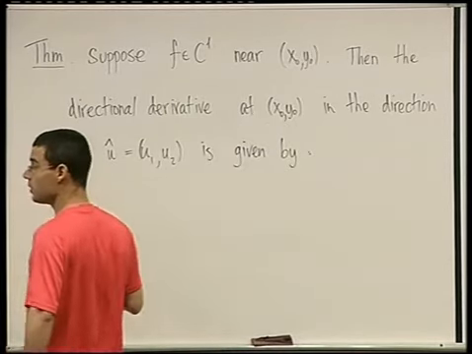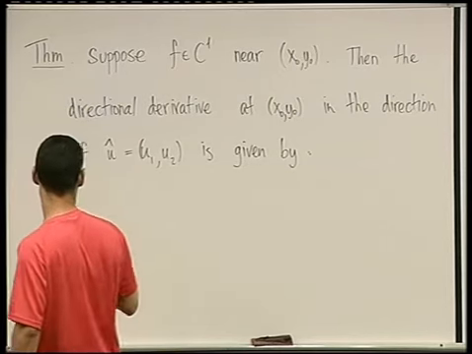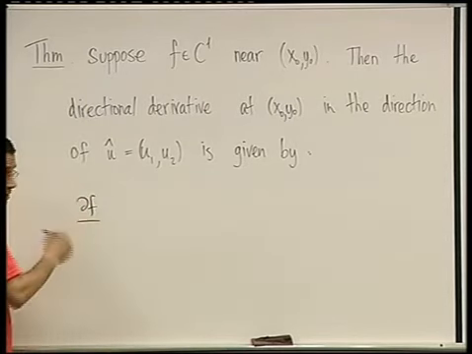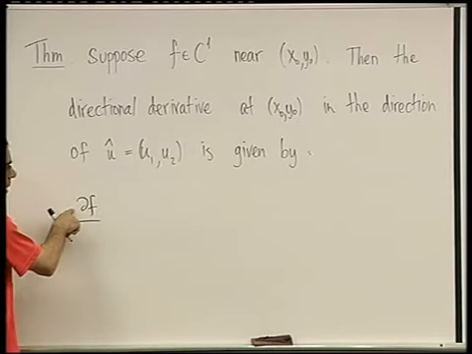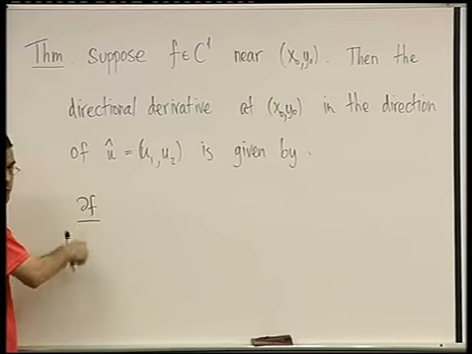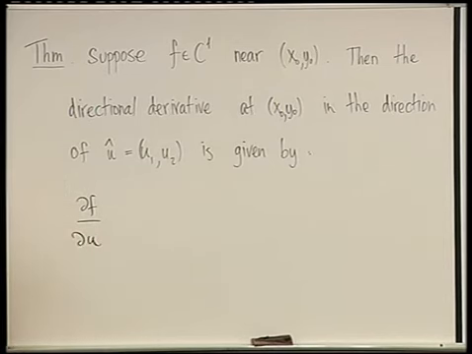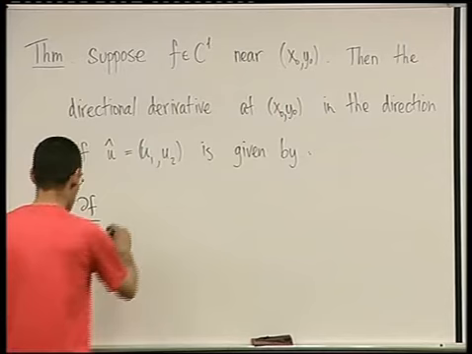Oh, I forgot to write the notation. Okay, let me finish writing the theorem, and then we'll go back and add the notation. The directional derivative, remember the partials were denoted df to dx and df to dy, right? The directional derivative is denoted df to du. That's the notation. Kind of obvious, but one should write it.